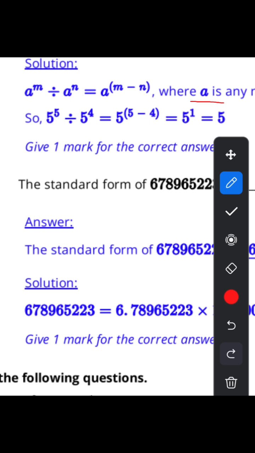Here a raised to m divided by a raised to n: when the bases are the same at the time of dividing, their powers are always subtracted. So 5 raised to 5 divided by 5 raised to 4, there we subtract their powers. 5 minus 4, we get 5 raised to 1. Our answer is 5.